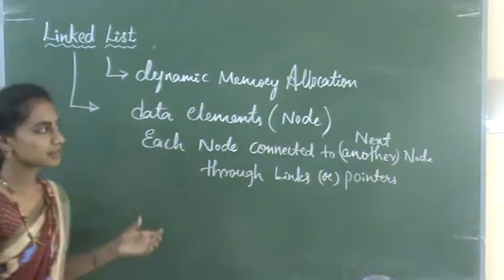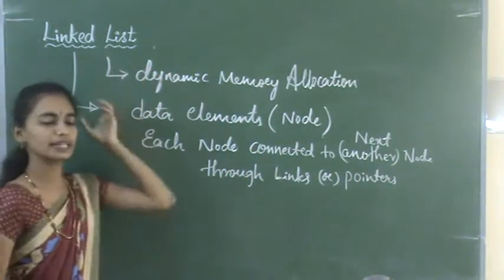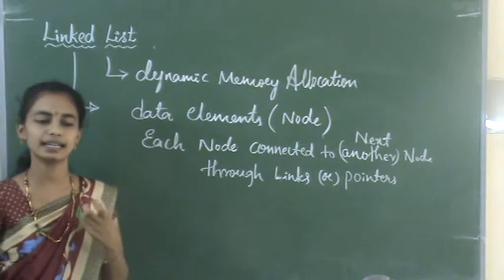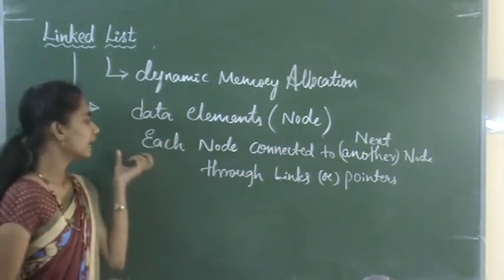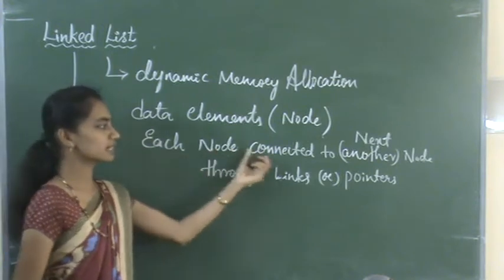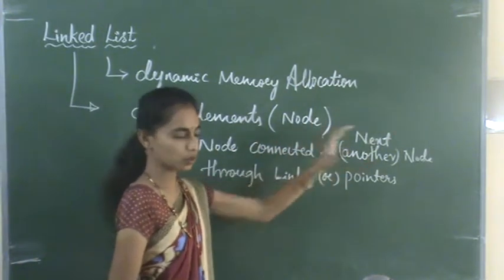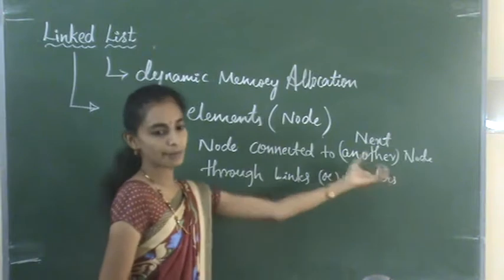Okay, so that is called linked list. A linked list is a linear collection of data elements called nodes, in which each node is connected to the next node through links or pointers.